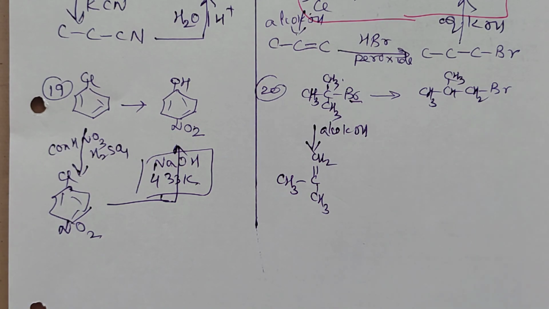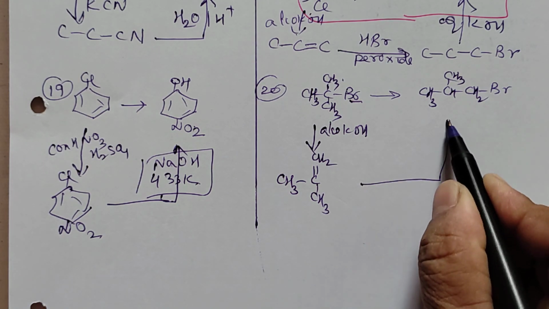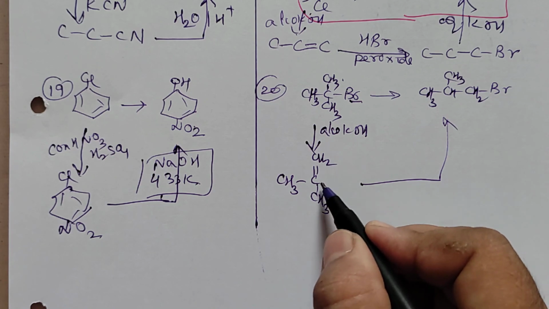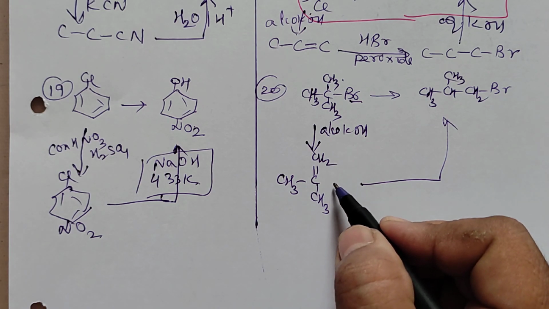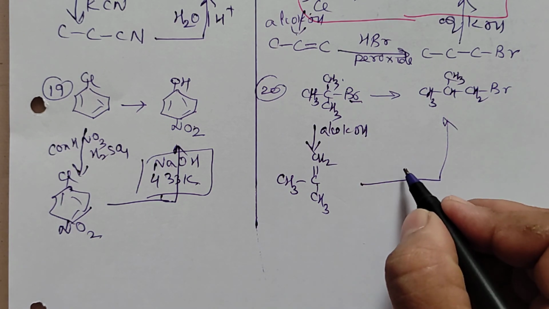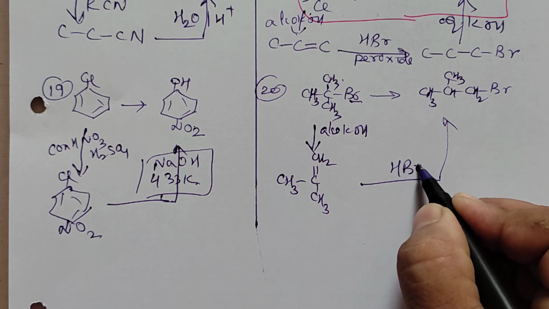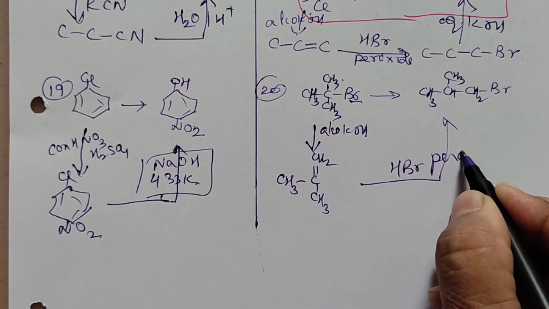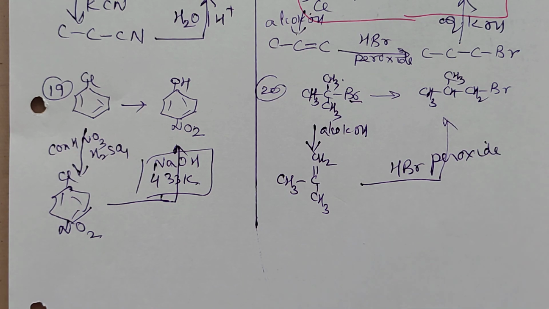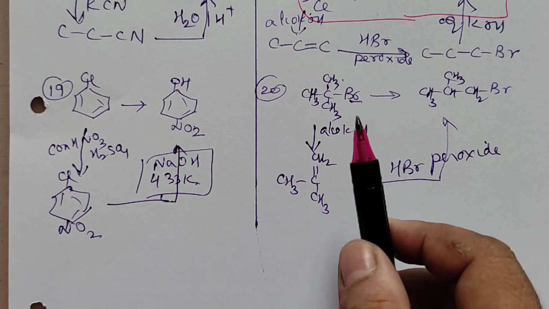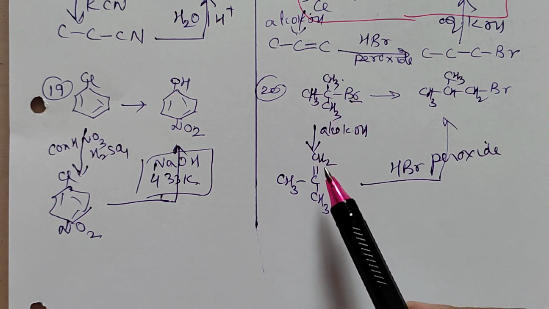Something similar we are getting now. We want now Br attached on this carbon-carbon double bond. But we want Br at the terminal side. That means HBr has to be added in the presence of peroxide. That's it. It was very simple. This is alcoholic KOH. When you are treating, you will get this product.